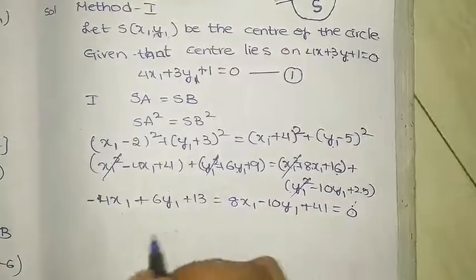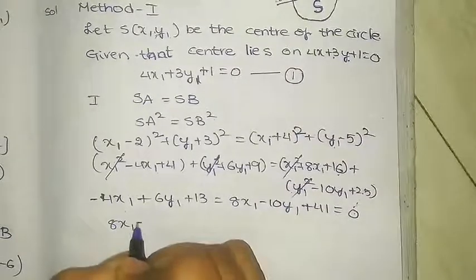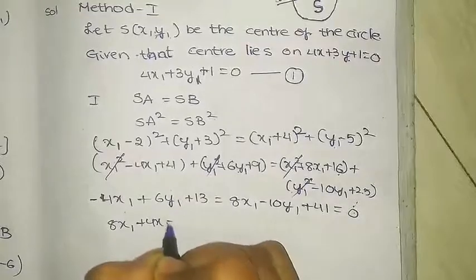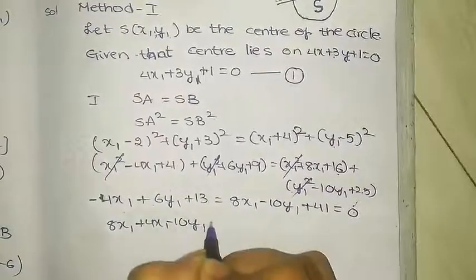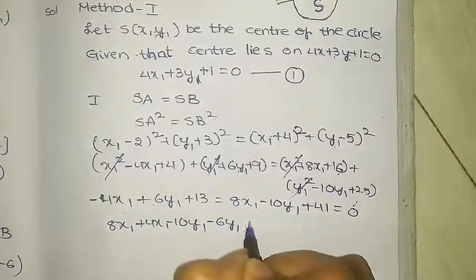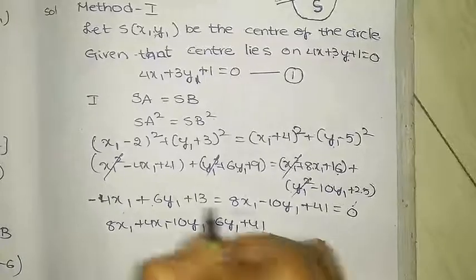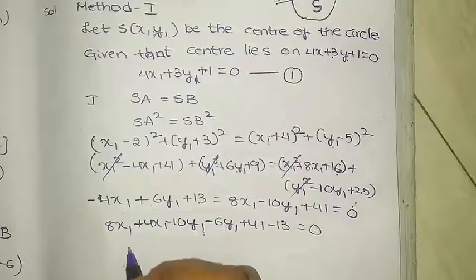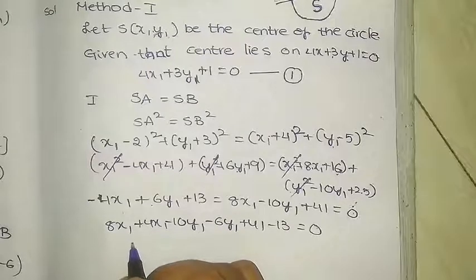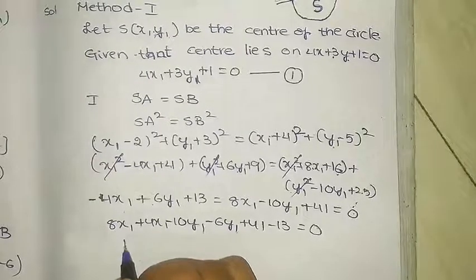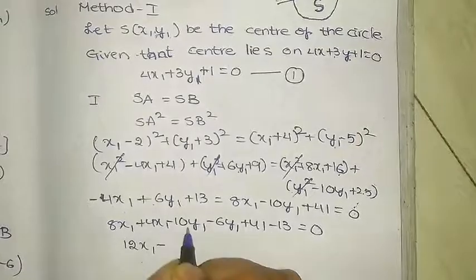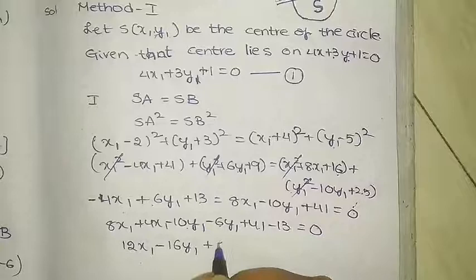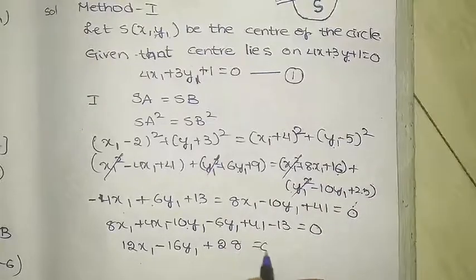Now sending these terms to that side, 8x1 minus becomes plus 4x1, 10y1 becomes minus 6y1, and 41 minus 13 is equal to 0. That is 12x1 minus 16y1 plus 28 is equal to 0.